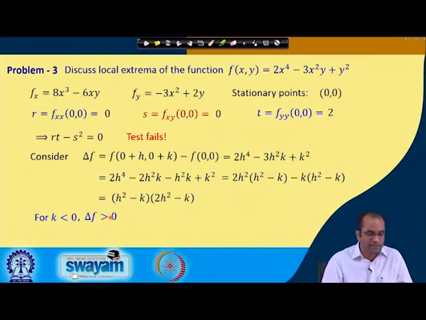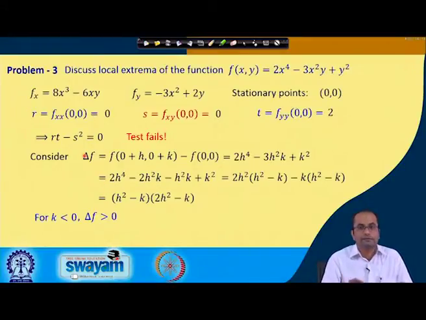So, we have this delta f positive in this situation when k is negative. Now, we will see the other situation, in which delta f is negative in the neighborhood, however close you go to h equal to 0, k equal to 0.